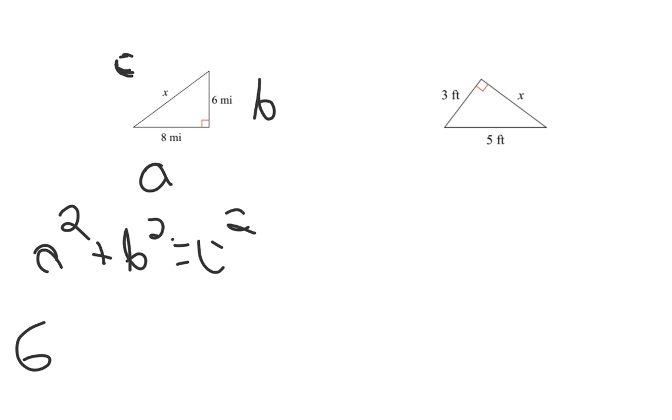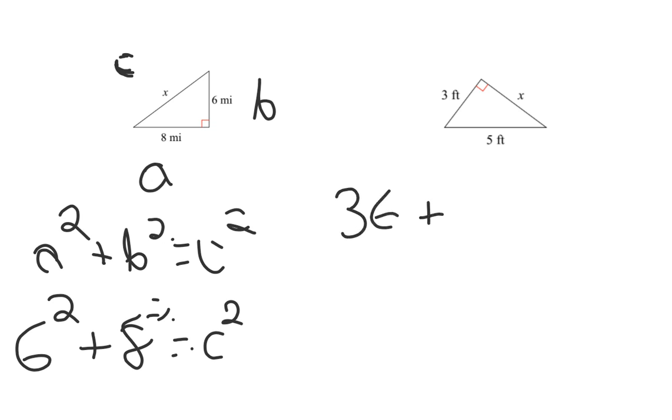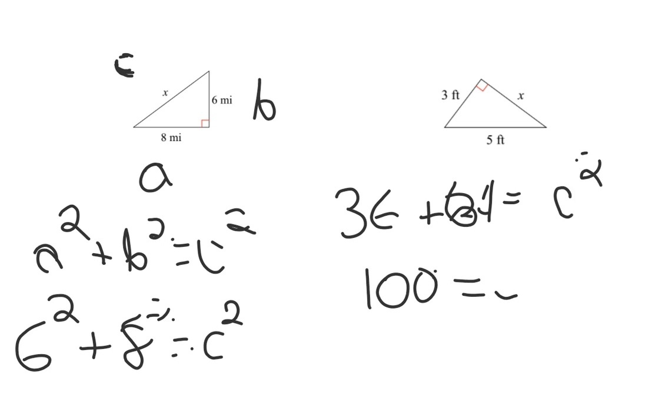So if I do some math, it'll be 6 squared plus 8 squared equals C squared. So 36 plus 64 equals C squared. 100 equals C squared.